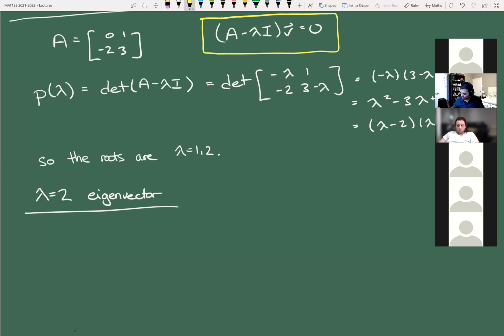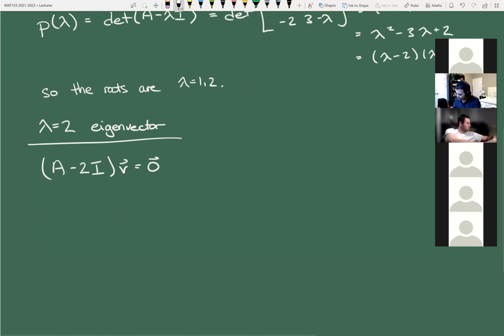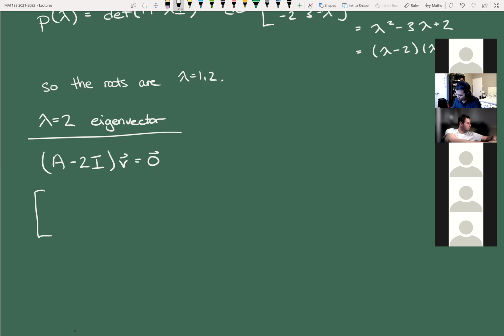So if we do lambda equals 2, what we want to do is find the solutions to A minus 2I times v equals 0. That's what we want to do. And that's, I assume, what you meant when we replace lambda. So let's actually compute A minus 2I.